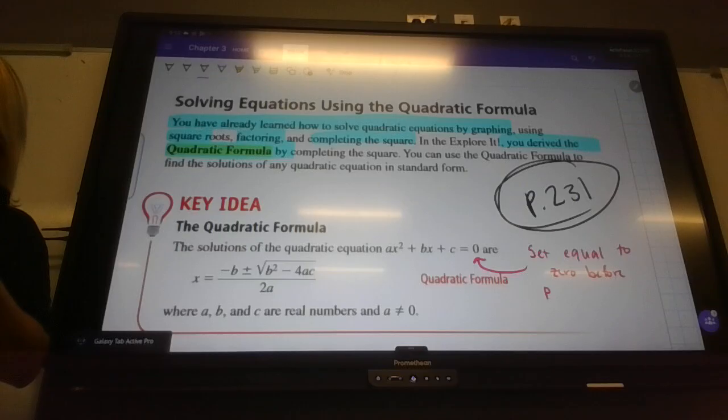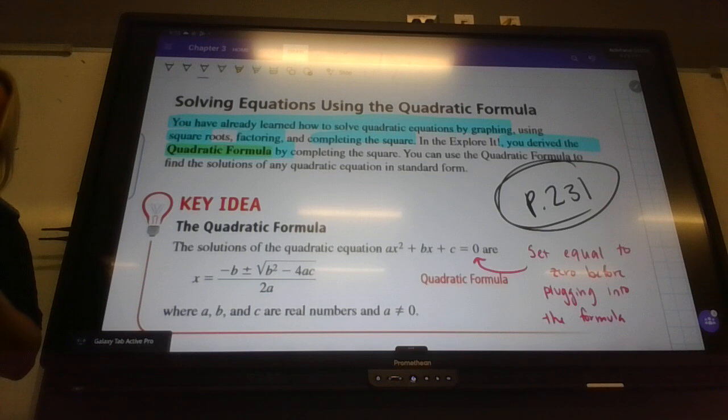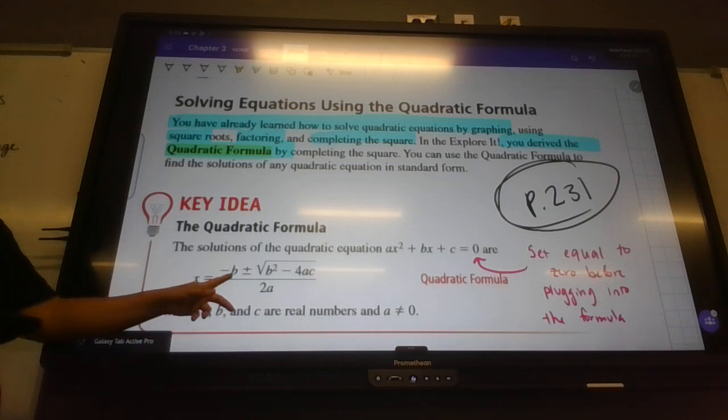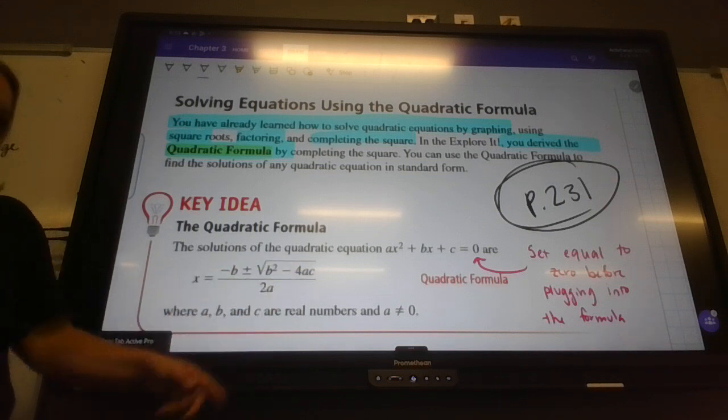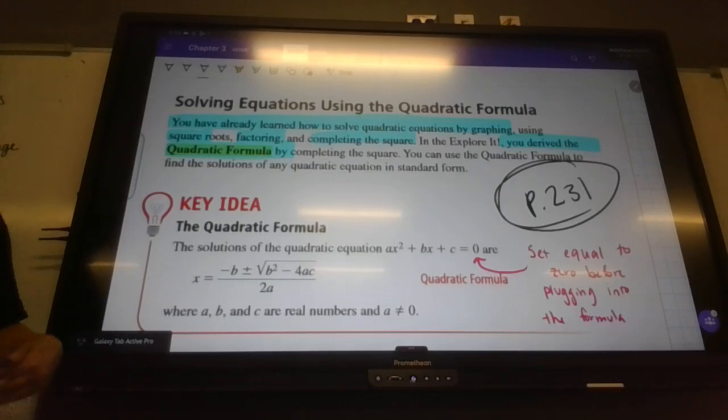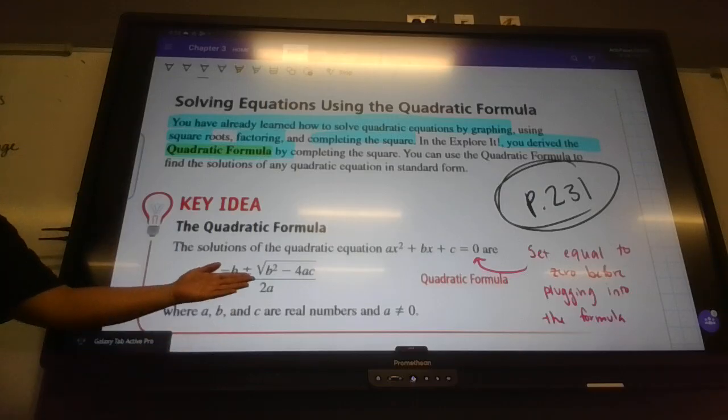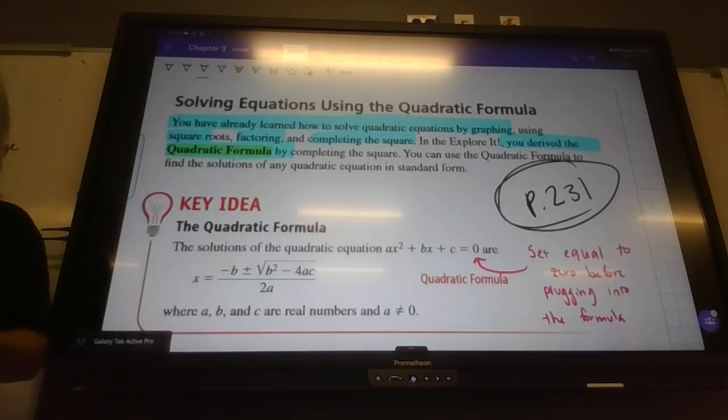So set it equal to 0 before plugging it into the formula. When you plug in, you don't plug in x, you just plug in the exact b value, the exact a value, the exact c value. And what practice will do is help you to simplify it correctly.